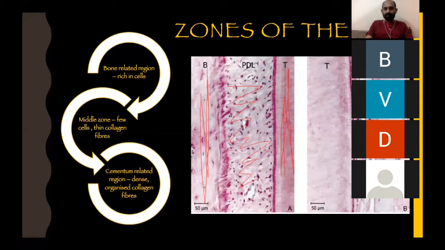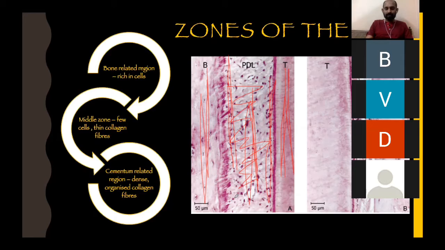Now, the periodontal ligament comprises three different zones. One zone is closer to the bone, another zone is closer to the tooth, and an intervening zone is here. The zone related to the bone is rich in cells. When I say cells, what cells? The cells of the periodontal ligament.